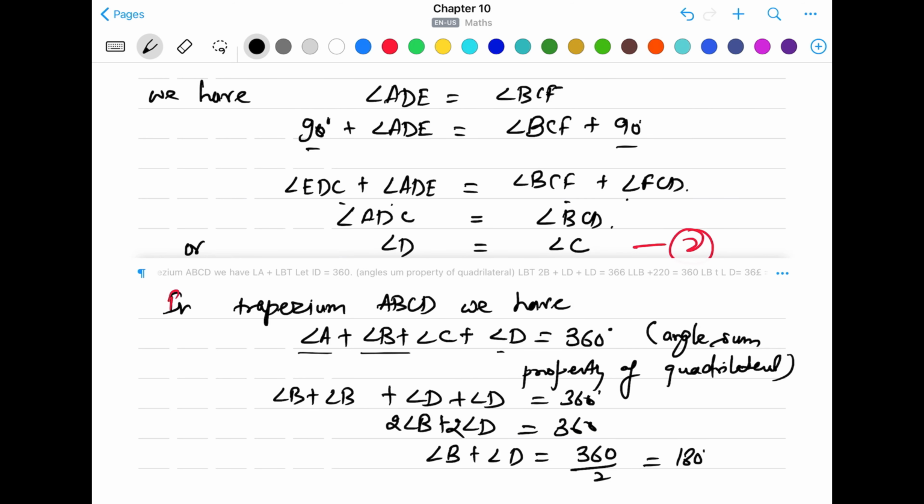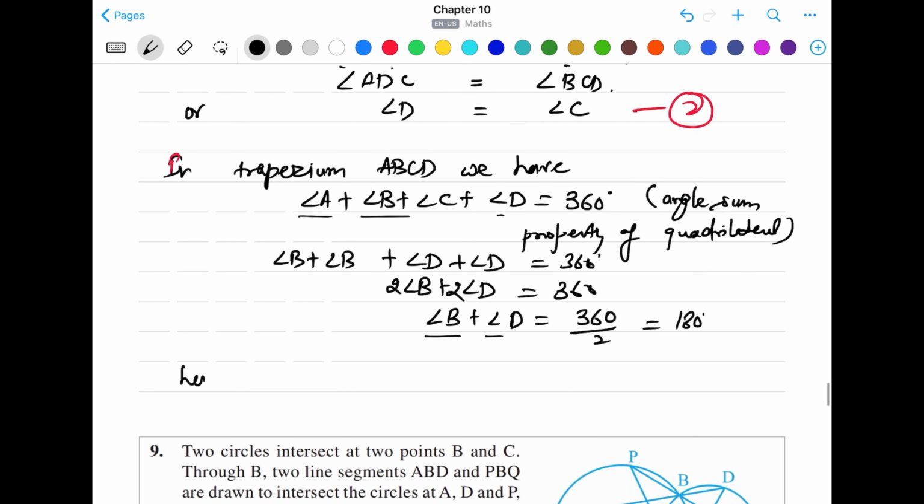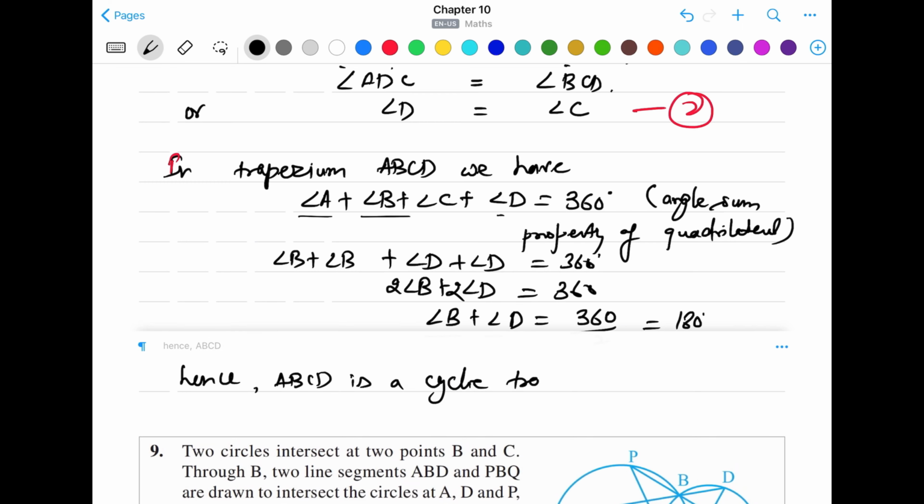That means the sum of these two angles, B and D, which are the opposite angles, is equal to 180 degree. We can write, hence, ABCD is a cyclic trapezium.